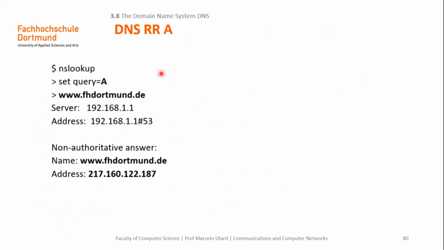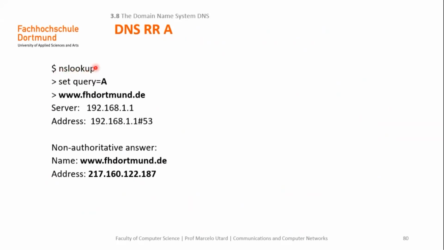Then, in order to better understand the different types of resource records, we can use a troubleshooting tool called nslookup, name service lookup, that we can use in Windows and Unix, Linux platforms.